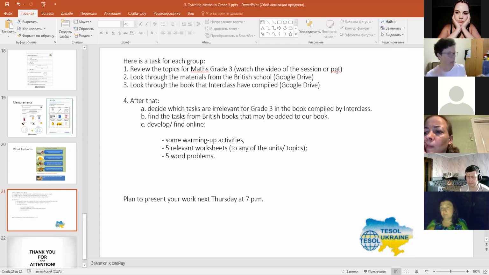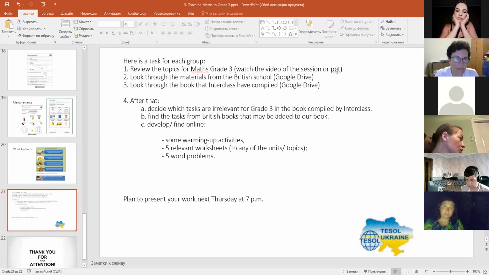We usually give our kids these books in A3 format, and the kids go through these books, and that's how we understand that they can cover the material of the British School well. Then you will look through the book that we compiled in Interclass. This is the book that I have just demonstrated to you.